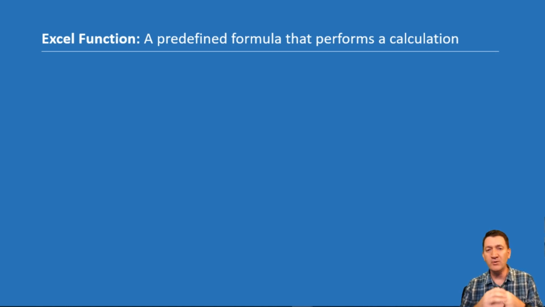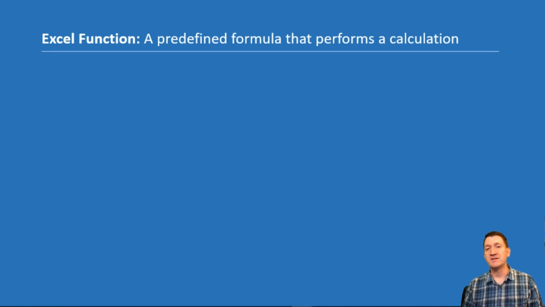It could be a whole slew of things. I want to be able to find my house payment or the payment on the next car that I buy. How much am I going to pay for that monthly? Well, built into Excel, they have a function called PMT, or the payment function, that will do that for you.